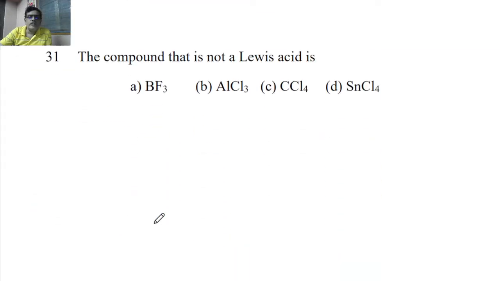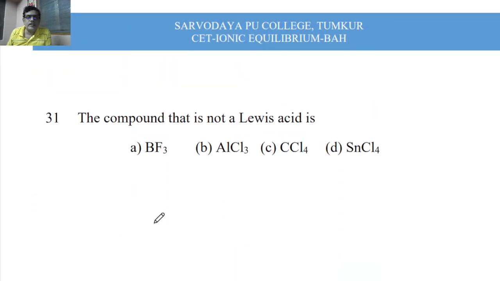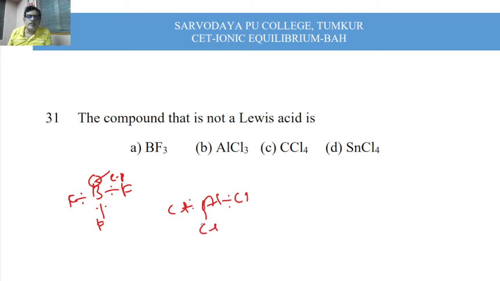So the compound that is not a Lewis acid is, the boron trifluoride is electron deficient. You can see here it is having only 6 electrons around the central atom, so it is an electron pair acceptor. Aluminum chloride is widely used in Friedel-Crafts reactions because it is a Lewis acid, so it needs to complete the octet by accepting a pair of electrons.